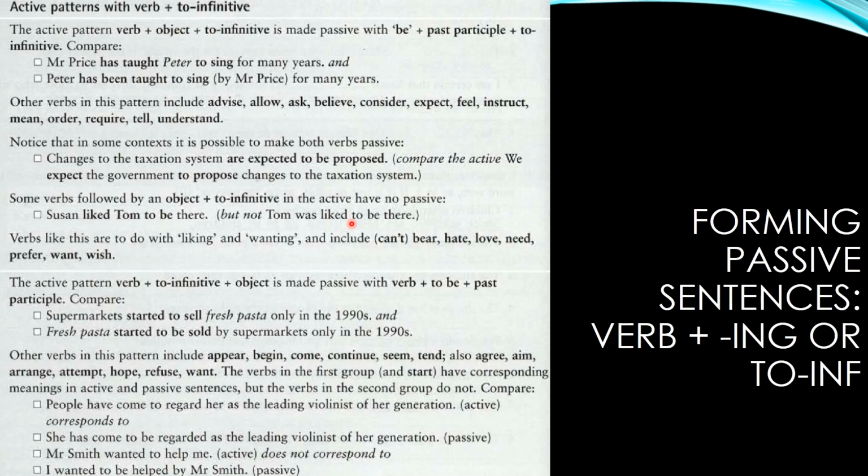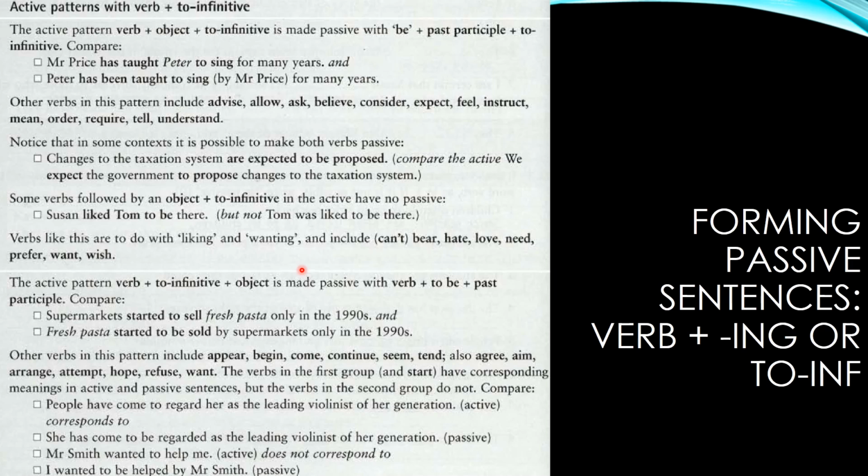If you don't find it strange, try to translate this passive sentence into Russian, and you'll see that it will perhaps be possible using the means of the Russian language, but strange anyway. We don't say it like this. Verbs like these are to do with liking and wanting, and include can't bear, hate, love, need, prefer, want, and wish.